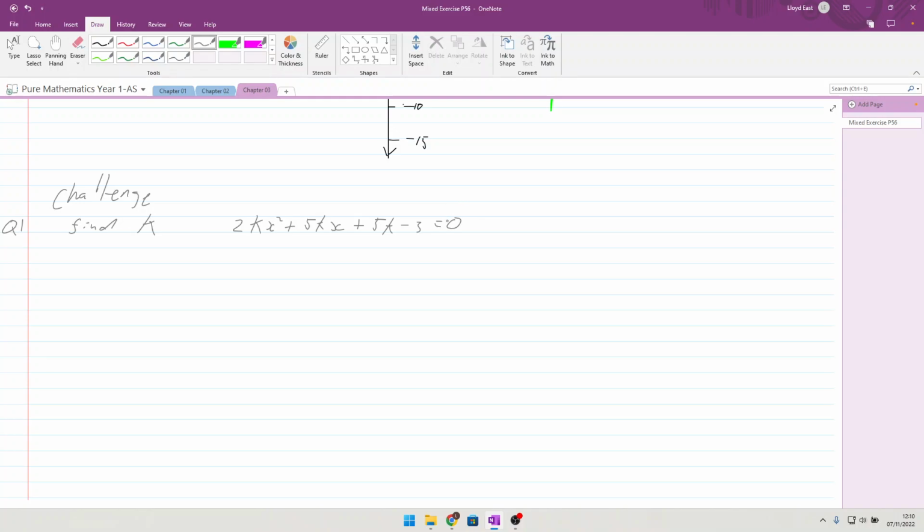And it had to have real roots. So, something like that looks like it should have many, many solutions, and it's got to have real roots.